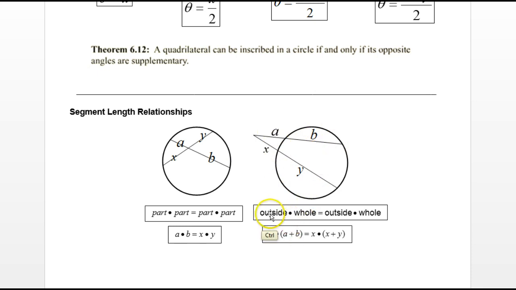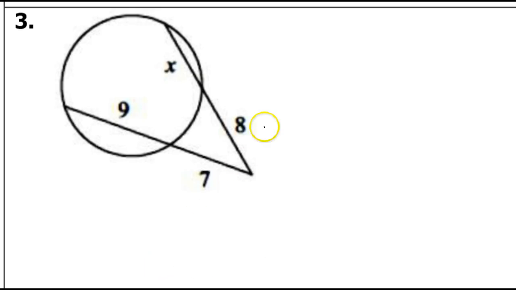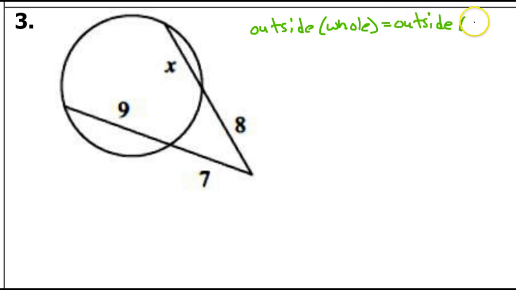So it's going to be outside times the whole thing is equal to the outside times the whole thing. So I'm just going to copy that formula down. So we're doing outside times whole is equal to outside times whole. All right, that's the formula.